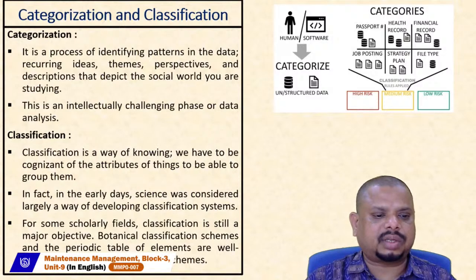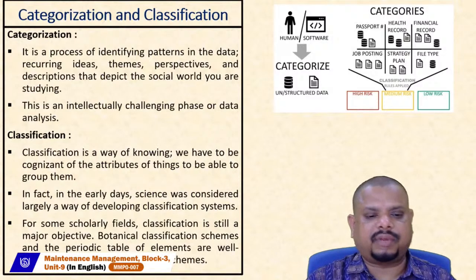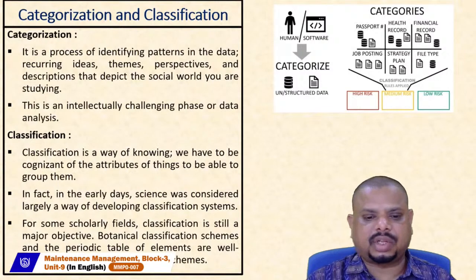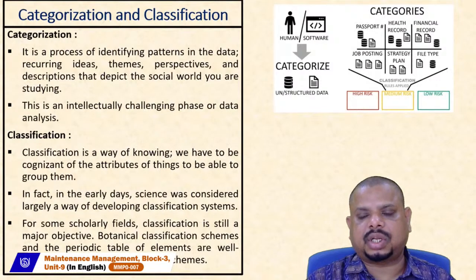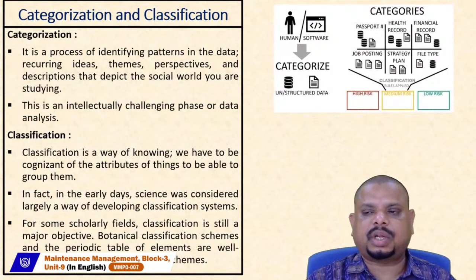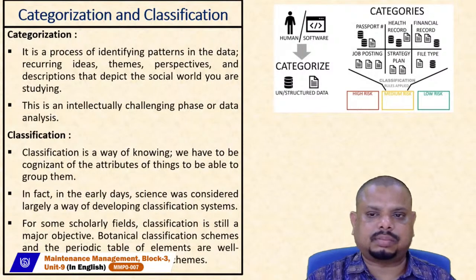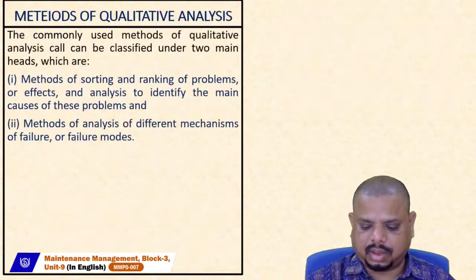So in scholarly or research fields, classification is still a major objective. For example, botanical classification in plant science, and the periodic table in chemistry, are classification schemes. These are the best examples of classification.